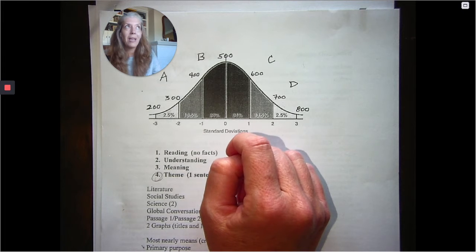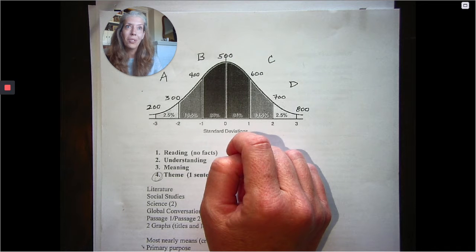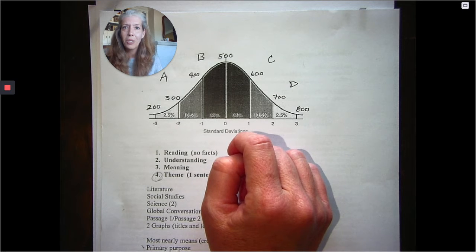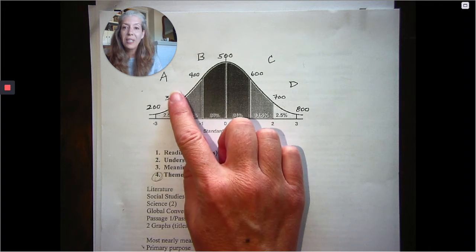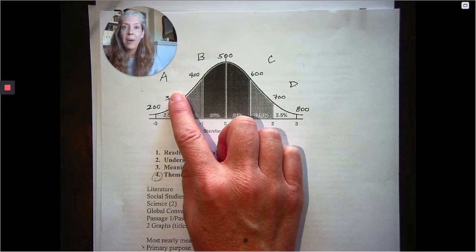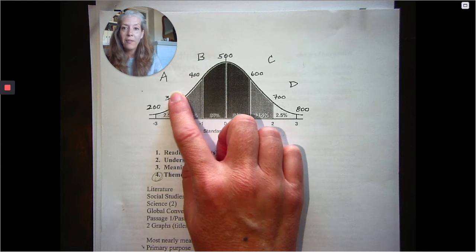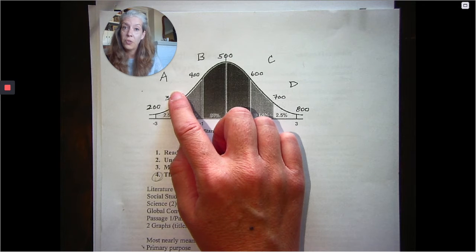So my best example is, remember back in period 1 when we were reading about traffic and the word was backed up. We were looking at probably our first most nearly means, and it was backed up. Well, most kids think, okay, this article was mostly about traffic, which we know from the theme, it was about traffic congestion and the environmental concerns with traffic congestion.